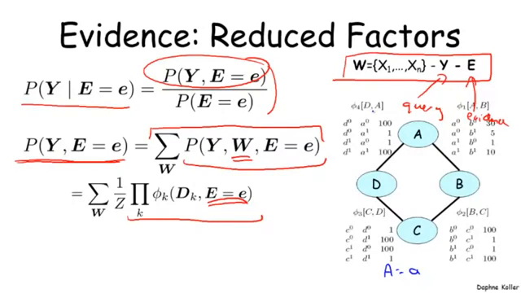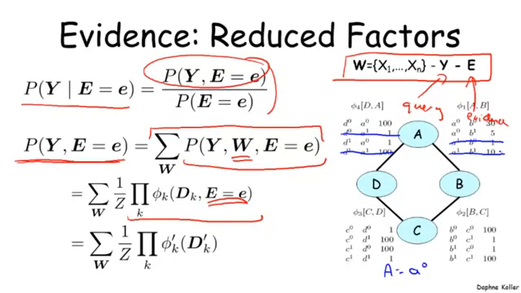What that means is that we're going to take every single one of those factors, say A equals A0, and remove from every factor that involves A the entries that correspond to A equals little a1, because those are not going to be consistent with our observation A equals little a0. Once we've reduced those factors to be consistent with the evidence, we still have a product of factors, and we can treat it in exactly the same way as we did before.